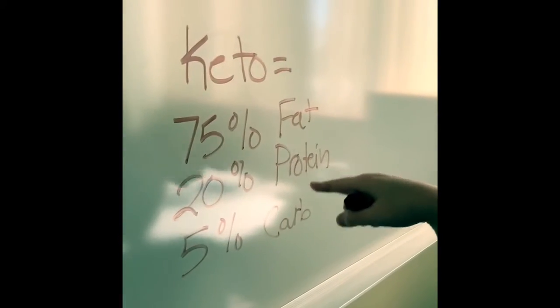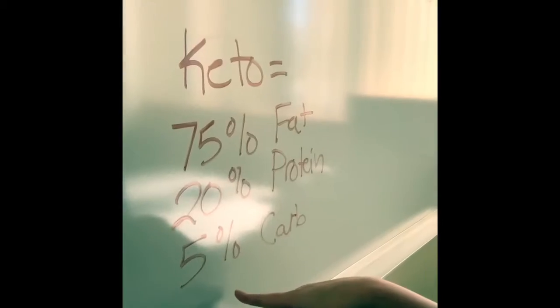So that's why it's really good to do the 75-20-5 percentage, because that will differ from everyone, and not everyone's the same, right? So this is definitely helpful. So remember, keto, 75% fat, 20% protein, 5% carbs.